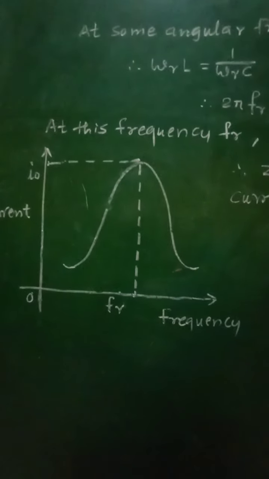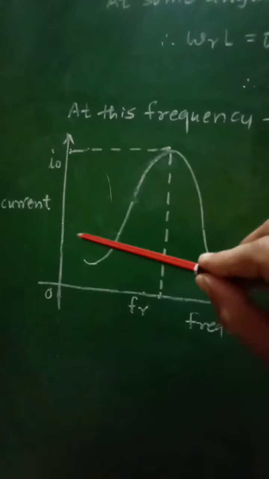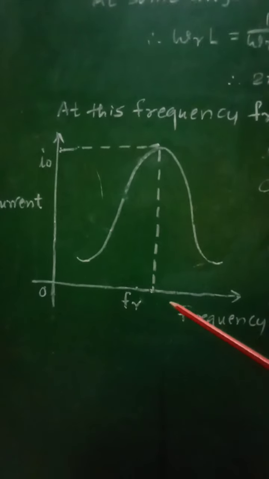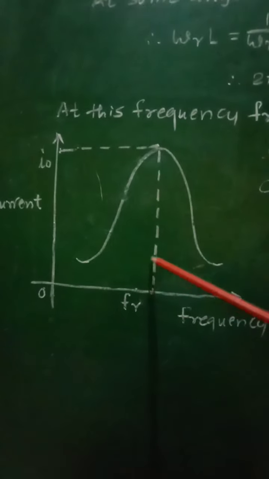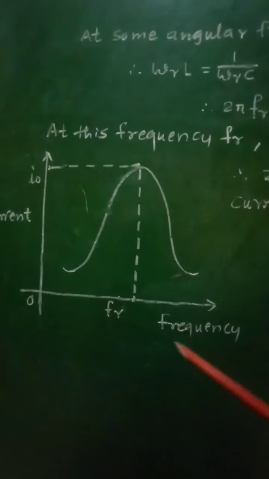So such a series LCR circuit, for which at resonant frequency the current reaches its maximum value, is used for tuning. This graph represents the variation of current with frequency. So we get the peak value of current at resonant frequency fr.